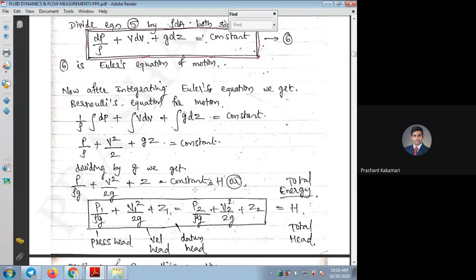So here I have considered the right side as the outlet side, and the left side as the inlet side. And all of you please remember for all the numericals, P by rho G is the pressure head, V square by 2G is the velocity head, and Z is the datum head. So just note down this equation. This will give us the total energy if you add all the terms.